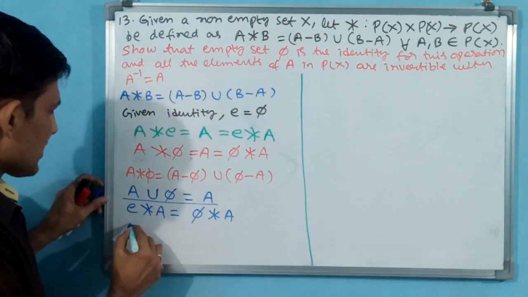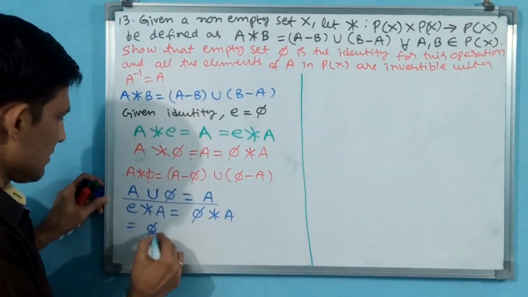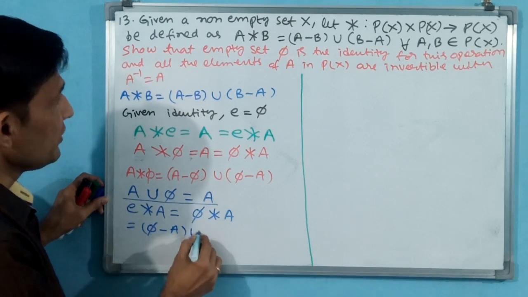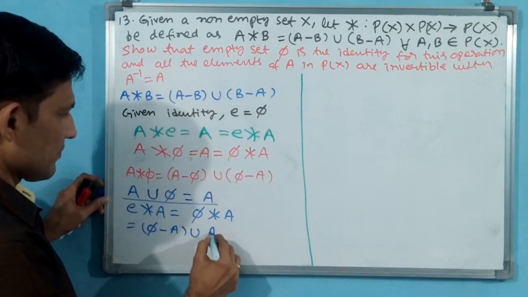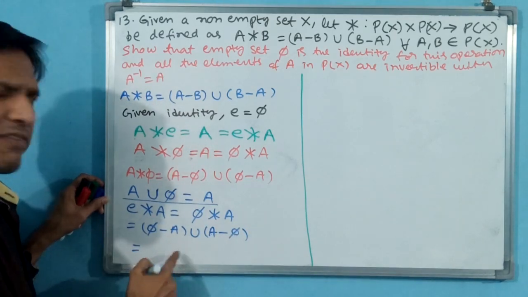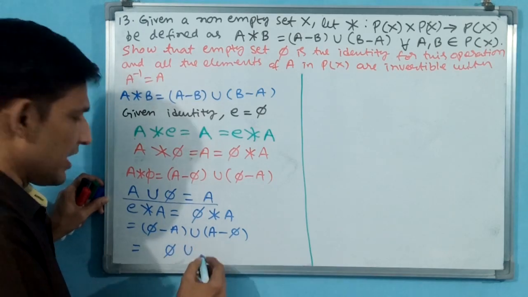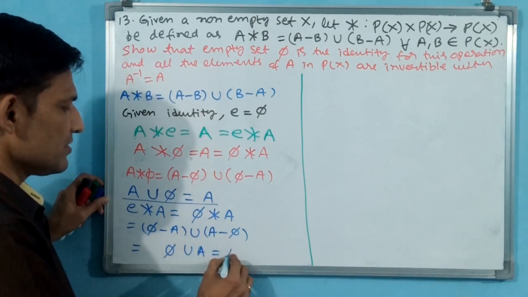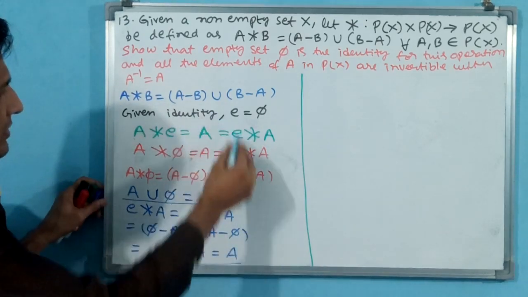5 star A. 5 star A means what? 5 minus A union A minus 5, that is equal to 5 minus A union A minus 5, that is equal to A. That means both we have shown.